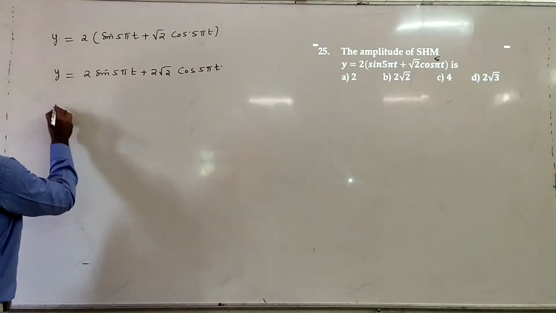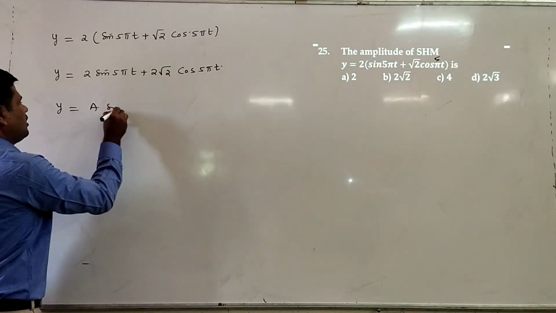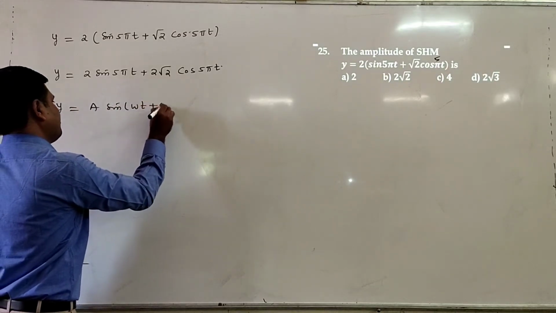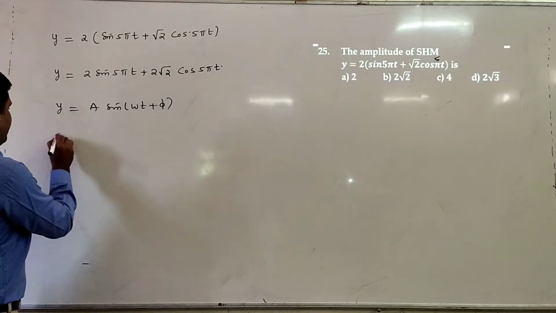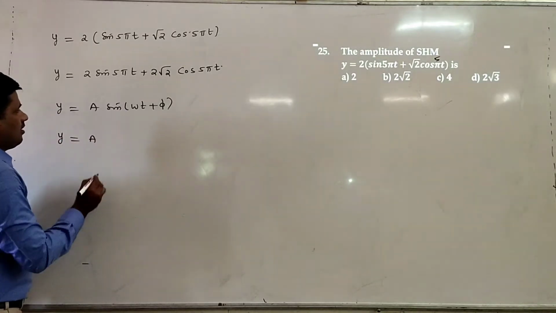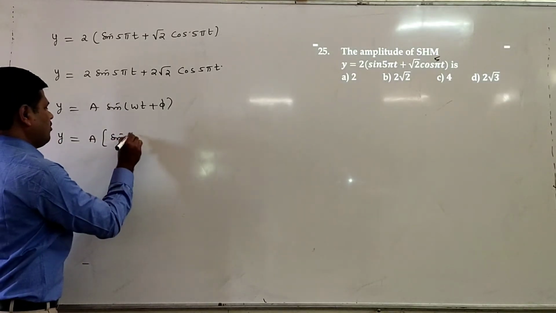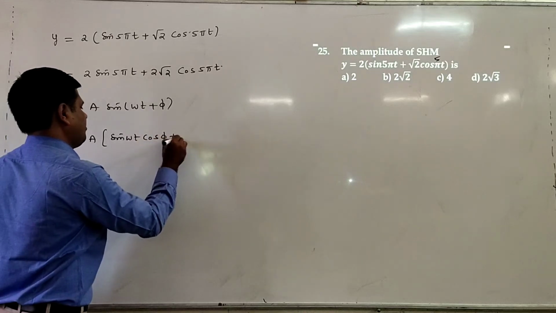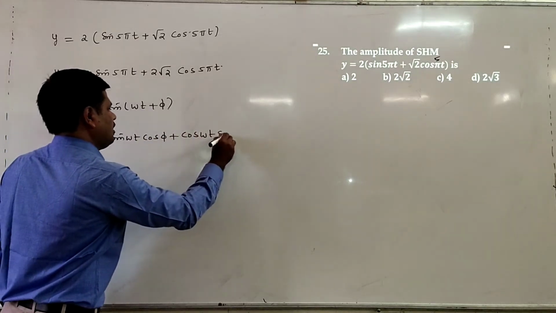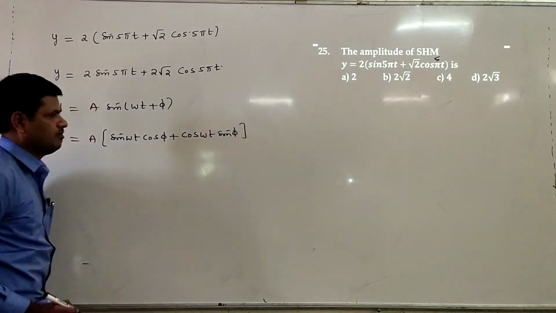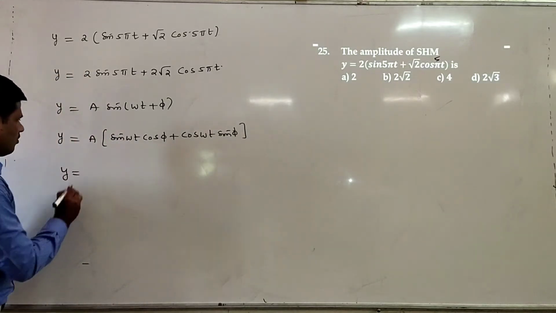Now compare this with y is equal to a sin(ωt plus φ). Expand this equation: y is equal to a, which can be written as sin ωt cos φ plus cos ωt sin φ using the sin(a plus b) formula. So y is equal to a cos φ into sin ωt, plus a sin φ into cos ωt.